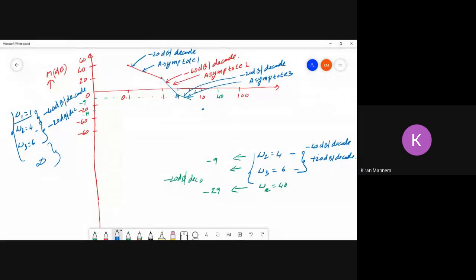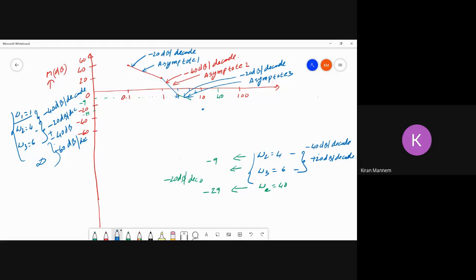From 4 to 6, it is minus 40 dB. Now at omega 3 equal to 6, it's a quadratic pole, we should add minus 40 dB per decade. So minus 40 dB per decade. So it would be minus 60 dB per decade. Right? So from this point 6 to infinity it is minus 60 dB per decade. So how do you draw it?